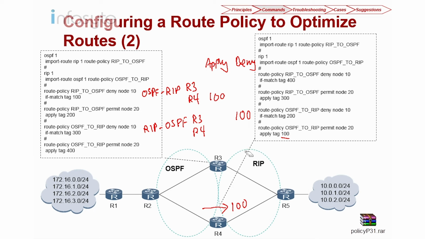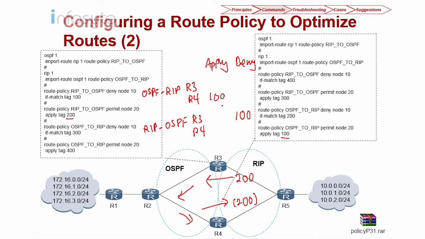Now assuming that we are going to do another one. Let's apply the tag from RIP to OSPF on R3. So RIP into OSPF, I'm going to use a 200 in R3. As you can see, I'm applying a 200. Now when this route is sent to R2 and R2 sends it to R4, when R4 sends it from OSPF back to RIP, I'm going to deny.